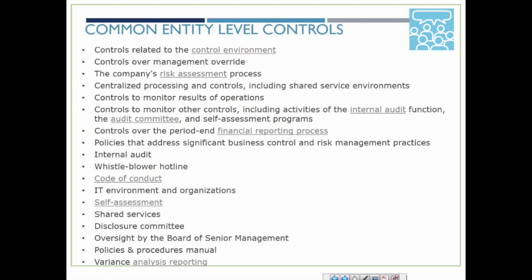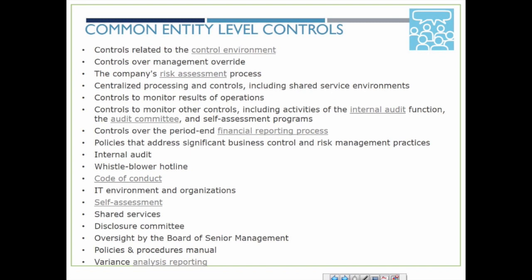Controls to monitor other controls, including the activities of the internal audit function and the audit committee, are again indirect controls, because they are after the fact in a way. If internal auditors are monitoring and there's a problem, it's after the fact. They're going to detect it because they're monitoring it, but it doesn't prevent any issues.